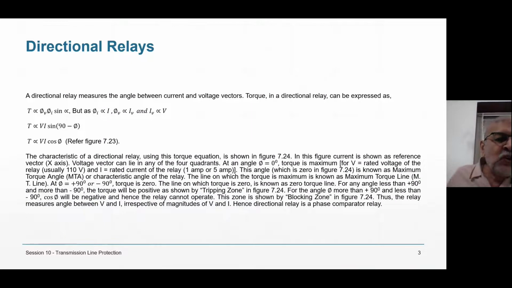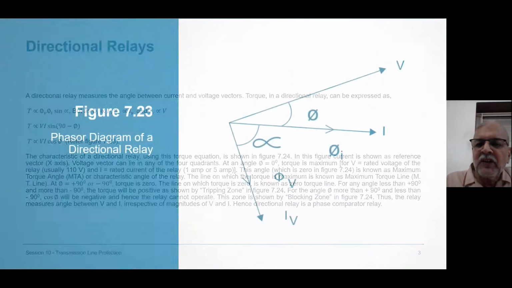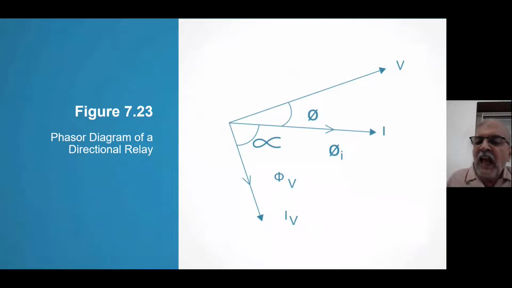Torque is proportional to phi V, phi I, sine alpha, where alpha is the angle between them. For that, it is better I show you the figure. Phi I is in phase with I, and phi V is in phase with the current flowing through the voltage coil.